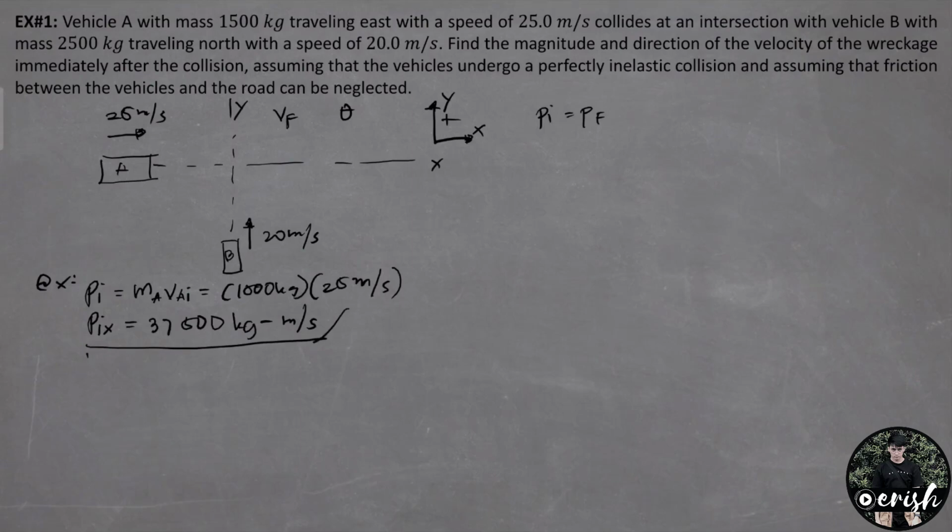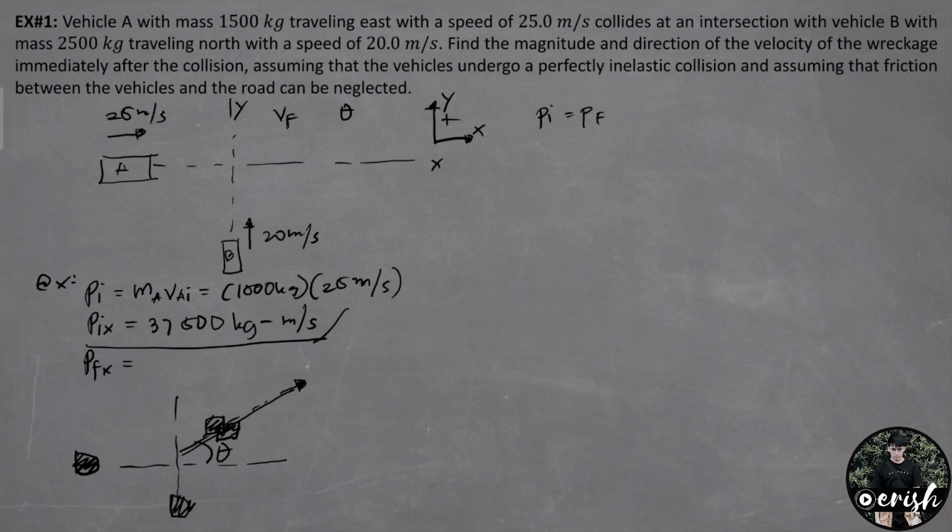Final momentum at x. So, dun sa final, say nag-collide na sila. Ito yung ating coordinate system. Ito si vehicle A and ito si vehicle B. After the collision, nung nagbanggaan na sila, say ito na silang dalawa, ito na yung kanilang direction with an angle theta.